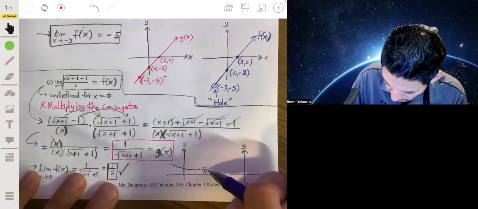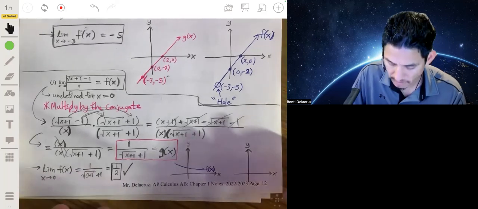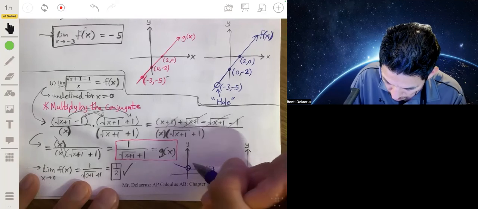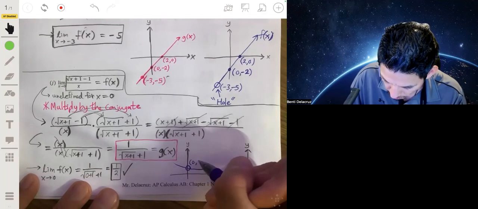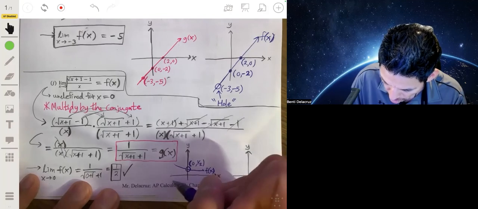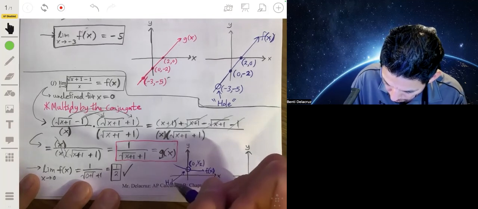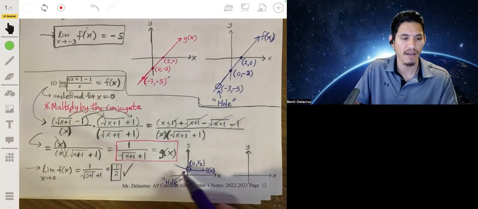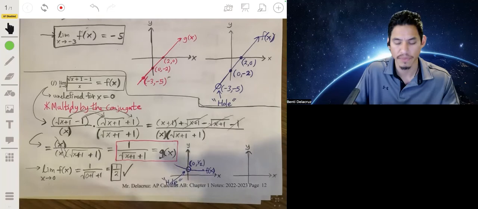This is f of x. Except it's going to have a hole at 0, 1/2. So it has a hole at 0, 1/2 because that's where we found the limit to be.